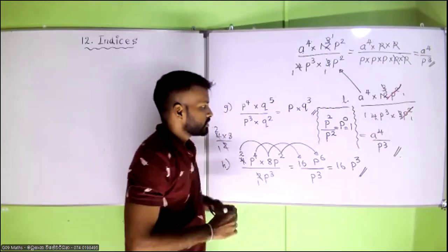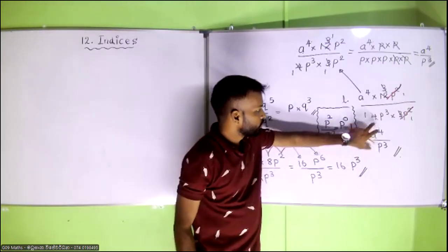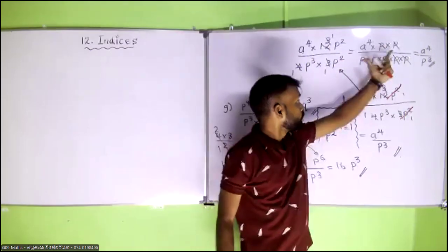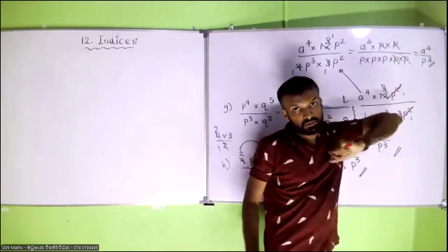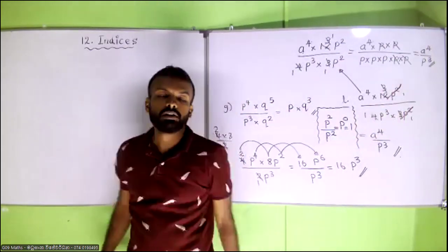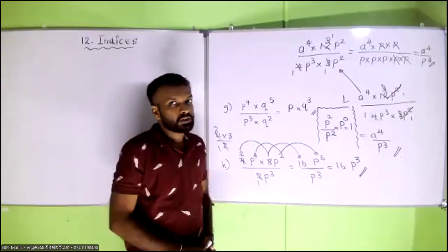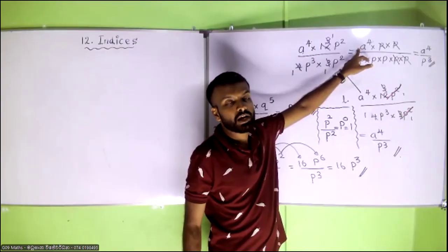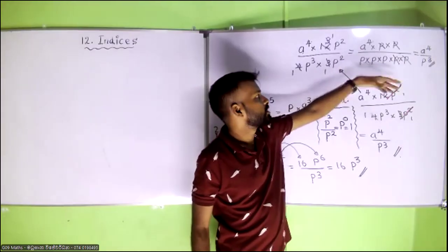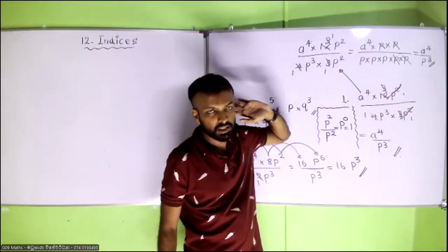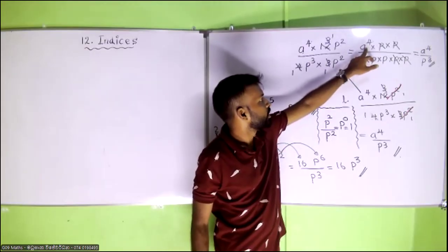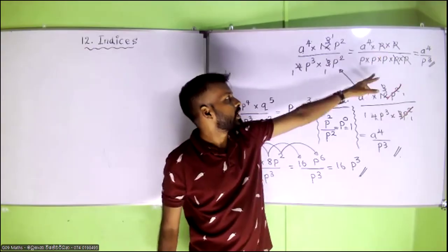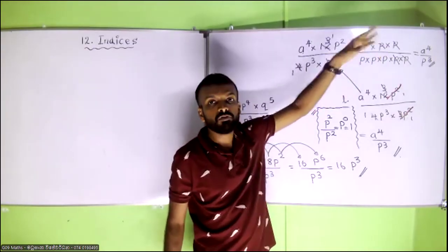Both the answers are the same. If you do it this way, this is the answer. If you do it like this, this is the answer. Correct? Now don't ask why sir we didn't expand A to the power 4: because there is no other A. That's why I didn't expand A to the power 4. I only expanded P because P is everywhere.